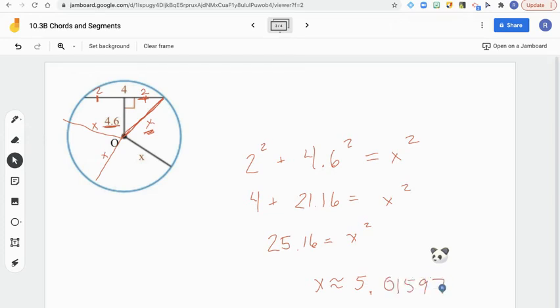Depending on where we round it, we might have different numbers. So if I want to round it to the nearest hundredth, remember I need to look at my next number here. Because that's 5 or bigger, I'm going to round up. So my answer would be x is equal to 5.02. I can use those properties and my Pythagorean theorem to find the length of my radius.